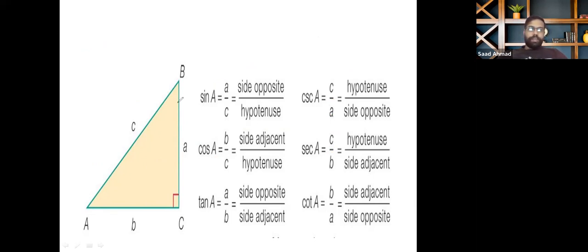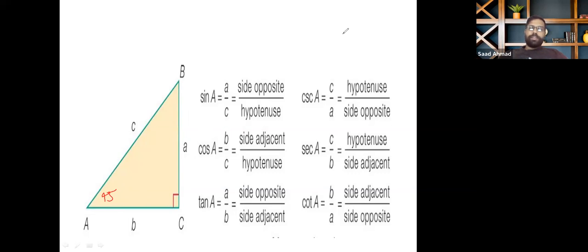If we are given numbers, let's say this angle is 30 degrees or 45 degrees, then we should have sides.